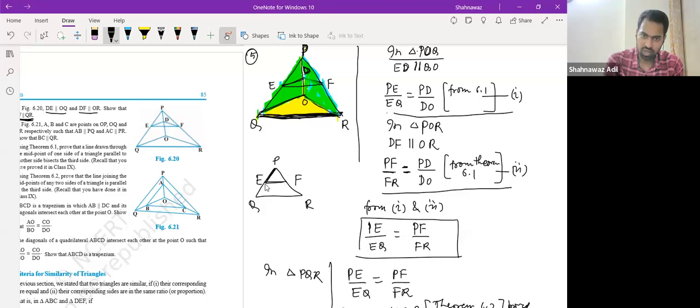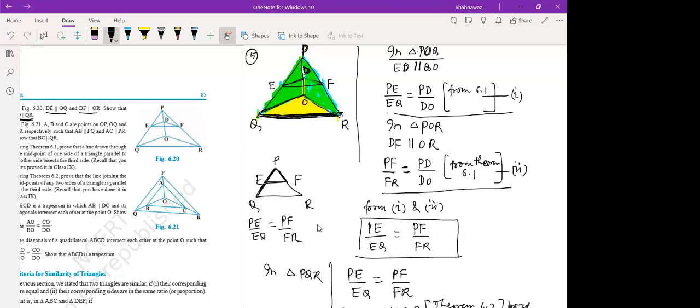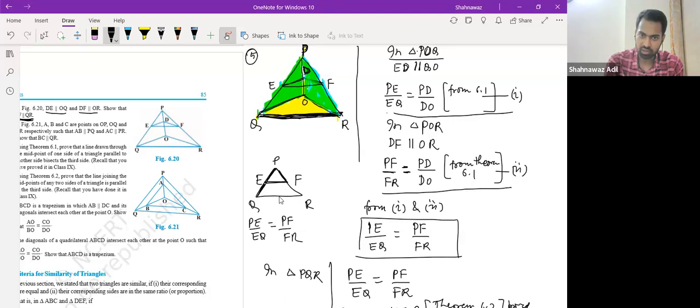The ratio of the sides, PE by EQ, is equal to PF by FR, right? Which means EF would be parallel to QR by theorem 6.2. This is the converse of theorem 6.1. If the ratios are equal, then there would be parallel lines, right?